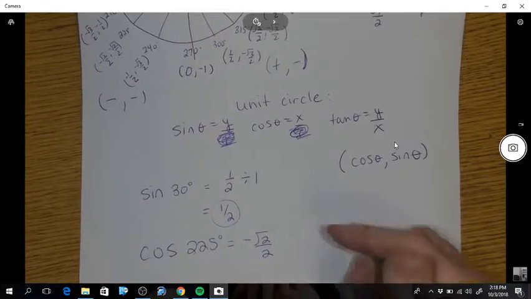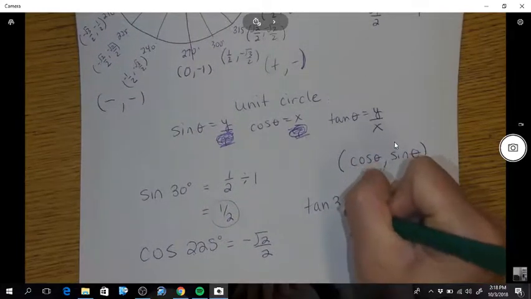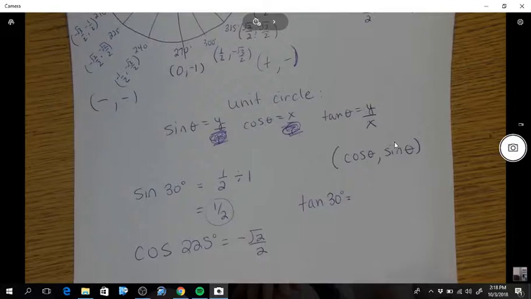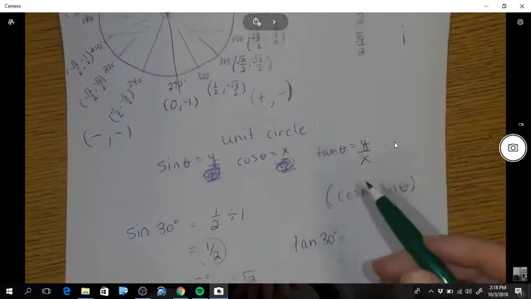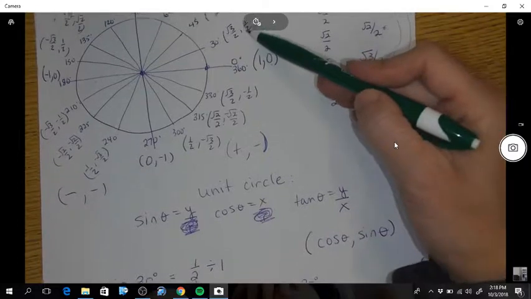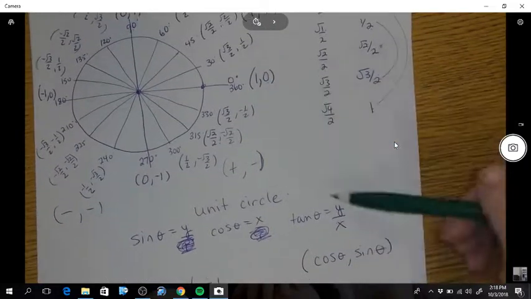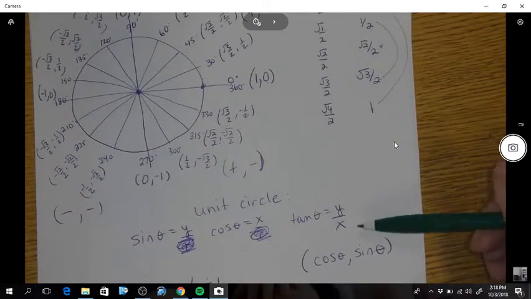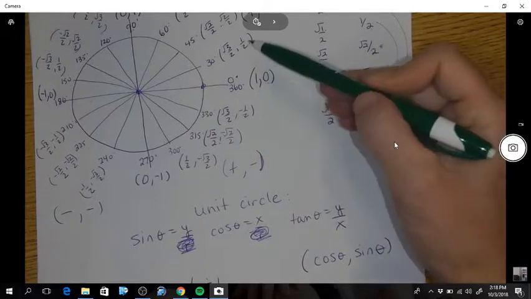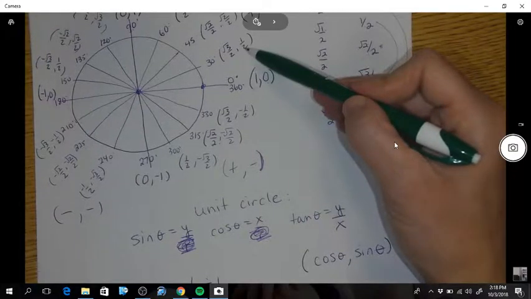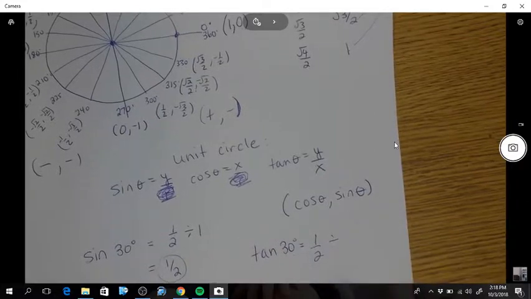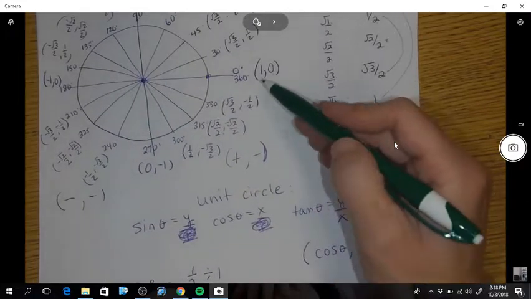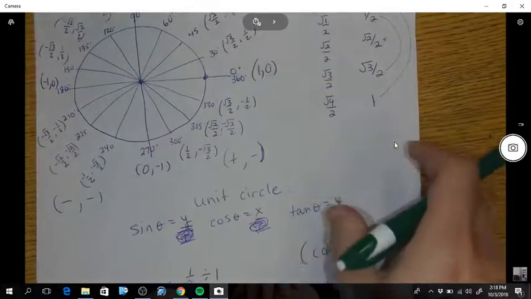Okay, but what if I do this? What is the tan of 30 degrees? Tangent of 30 degrees, right here. I have to take the y value and divide it by the x value. So y is 1/2 divided by the x value, root 3 over 2.